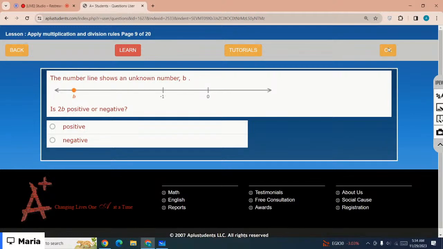The number line shows an unknown number b. Is 2b positive or negative? Negative? Yes, that is negative.